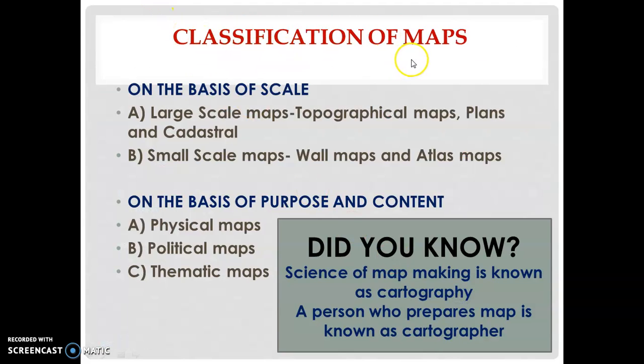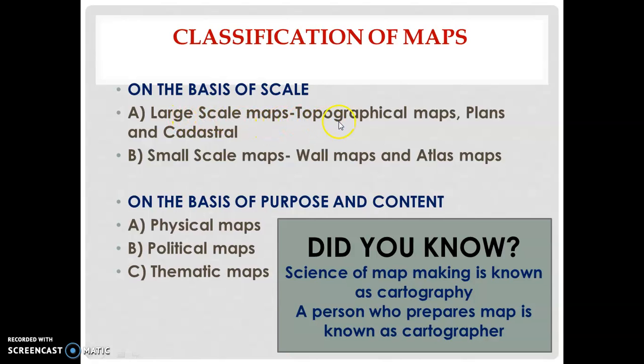Now, classification of maps. Maps are classified on the basis of scale. There are two types of maps on the basis of scale: large scale maps, small scale maps. What are large scale maps? A map which shows a smaller area with more detail is known as a large scale map.